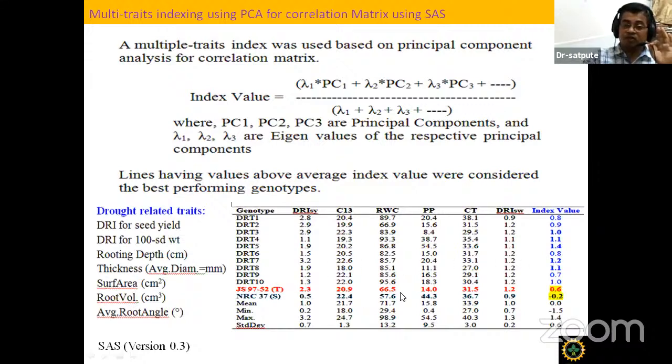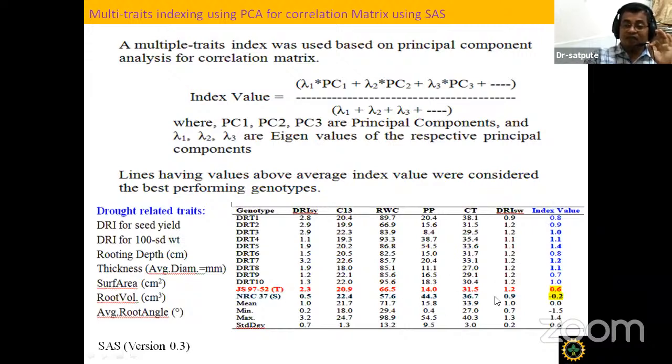And if you have a particular check, you can see the check is coming to 0.6, and that is the tolerance check, and the susceptible check is coming to minus 0.2. So here it combines all these traits into one index, and anything above 0, they are all good.